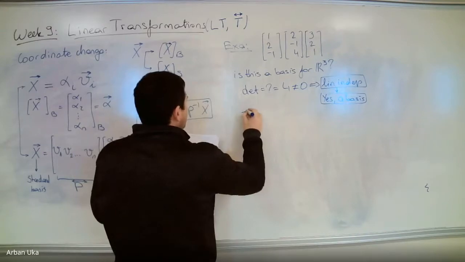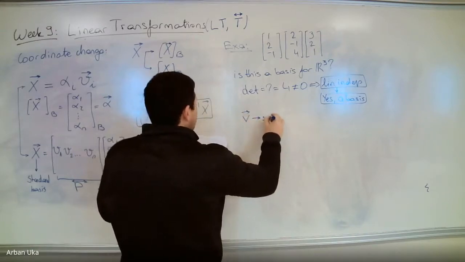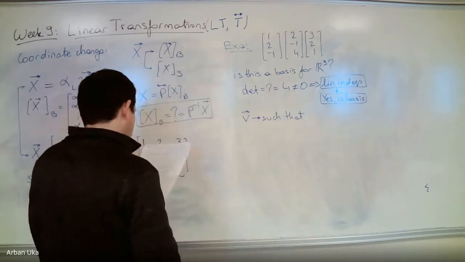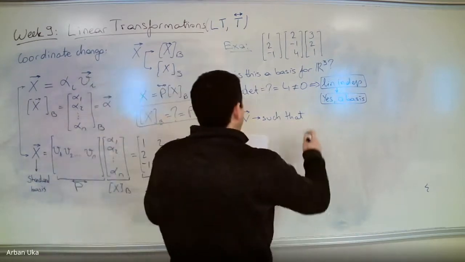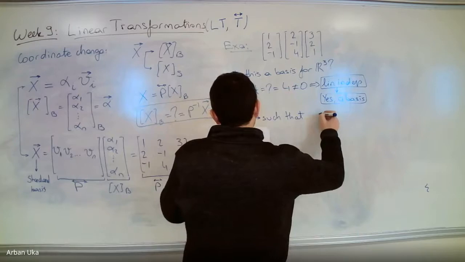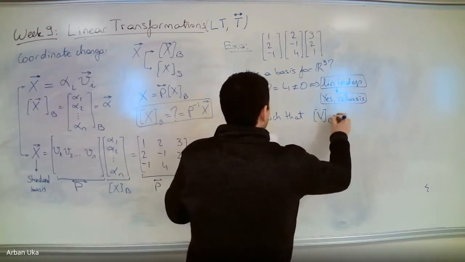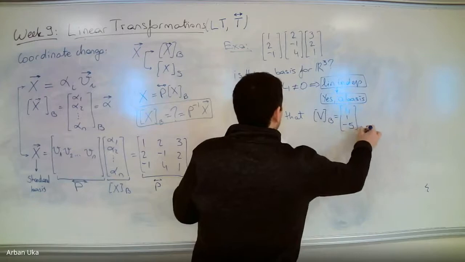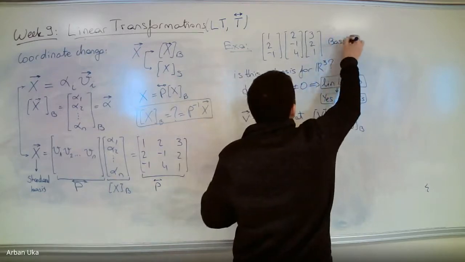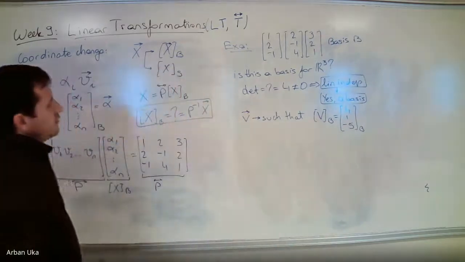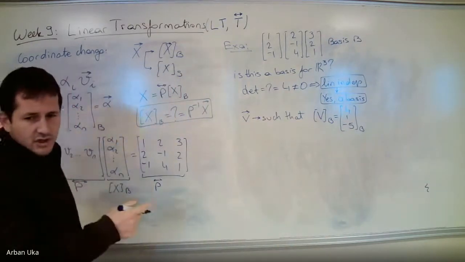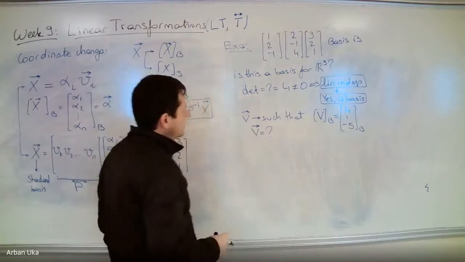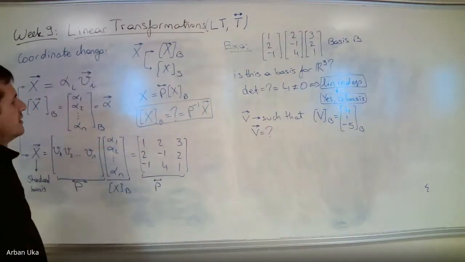If we have a vector v such that v in this basis is equal to 4, 1, minus 5, the question is the following: what is v in the standard basis? Let's try to identify it.